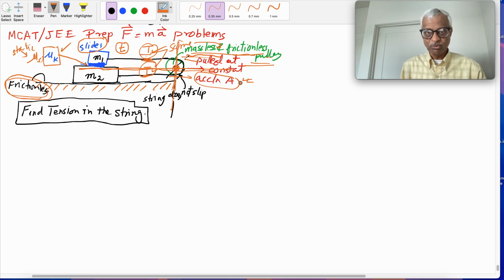That will work, but that will be accelerating with respect to the table. So that will be a non-inertial frame.